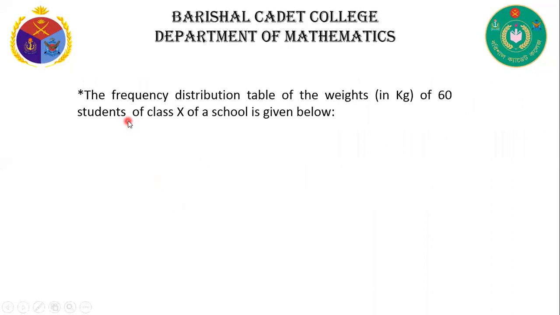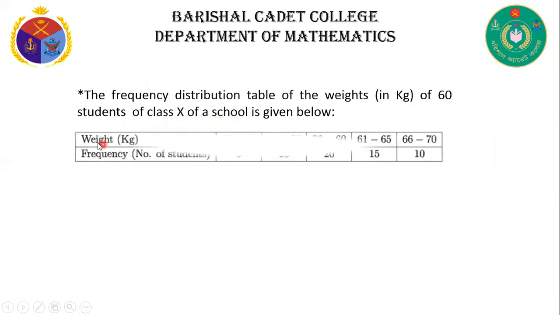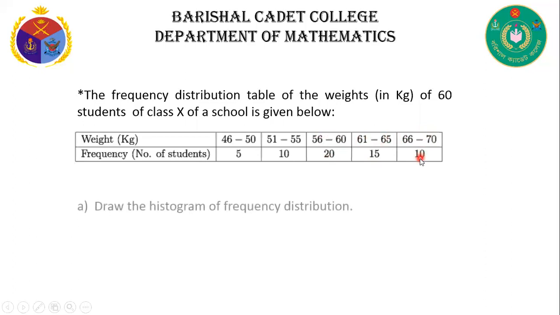Now another question. The frequency distribution table of weights in kg of 60 students of class 10 of a school is given below. Here weight in kg, that means 46 to 50, then frequency 5, 51 to 55, frequency 10, 56 to 60, then frequency 20, 61 to 65, frequency 15, 66 to 70, frequency 10.